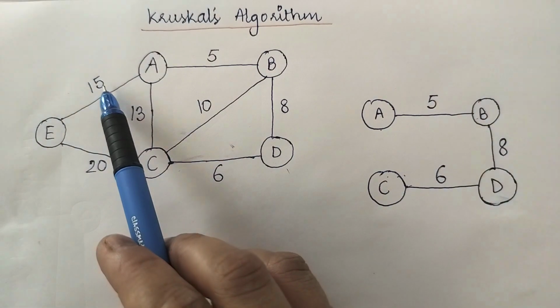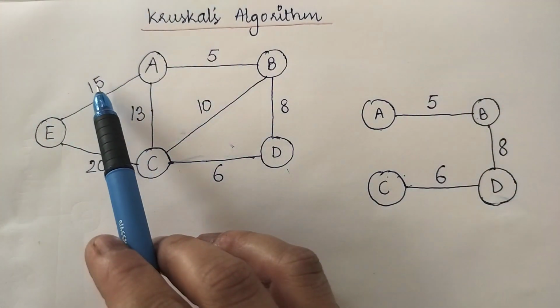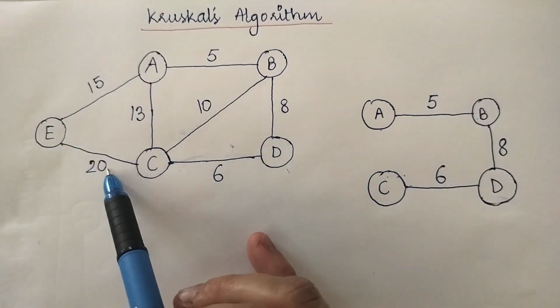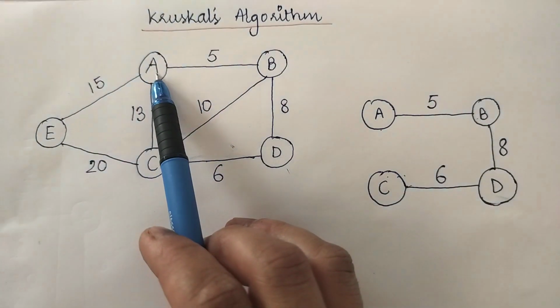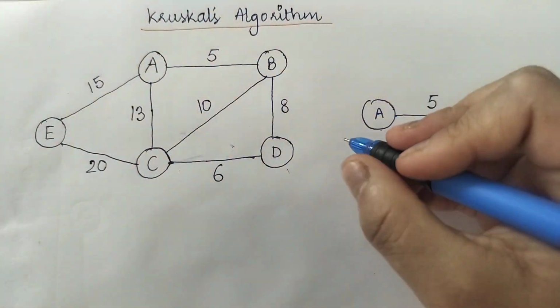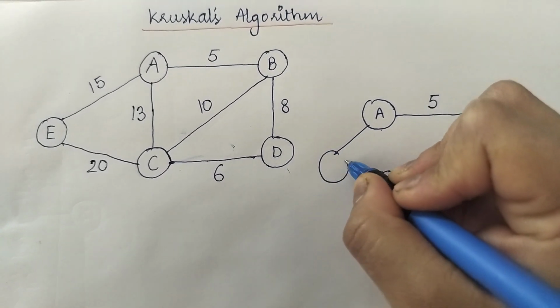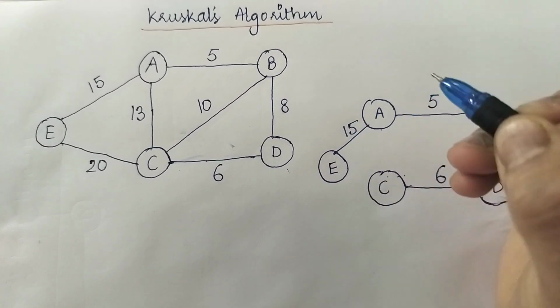Now, after this, the next two available edges are with the minimum cost 15 and 20. So obviously out of 15 and 20, the minimum cost is 15, which is between vertex A and E. So that means I will draw an edge from vertex A to vertex E with a minimum cost 15.